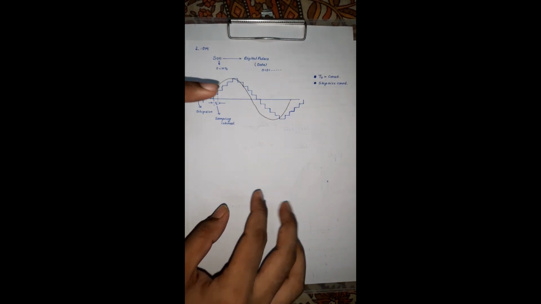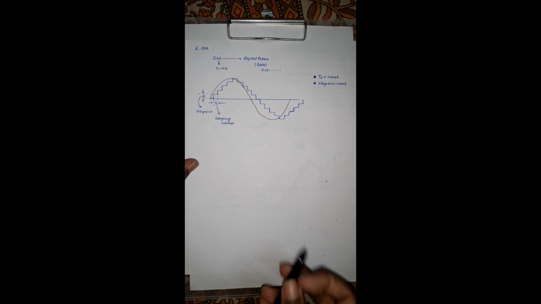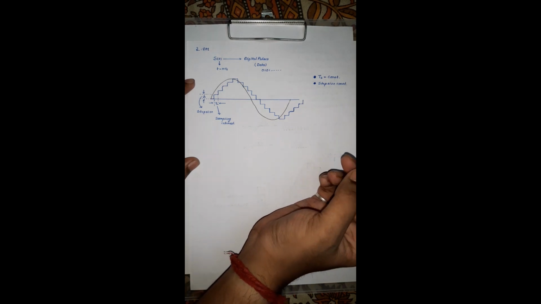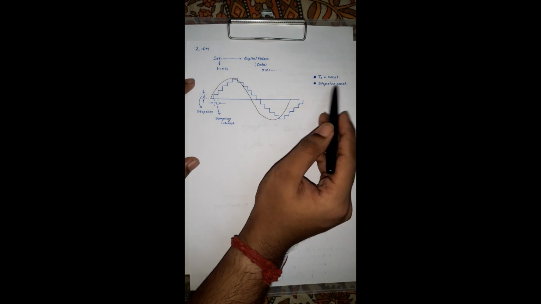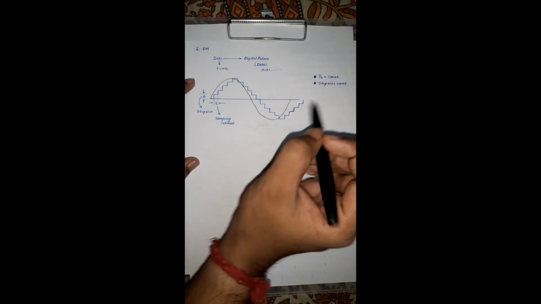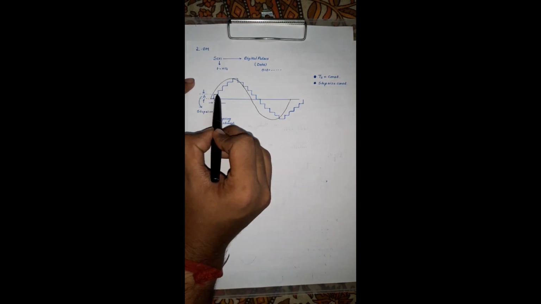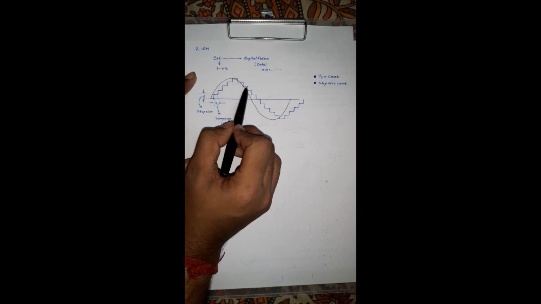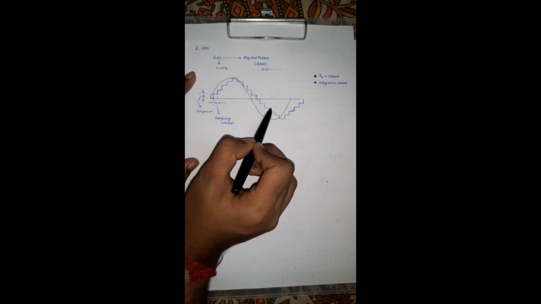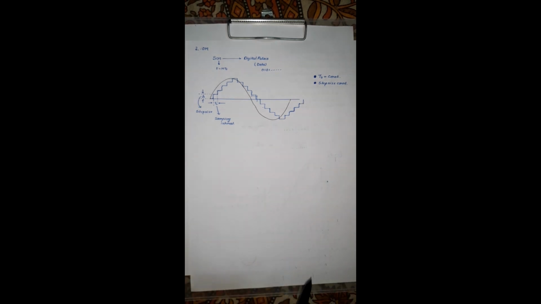For now, consider that a fixed step size as well as a fixed time interval is provided, so during sampling Ts is constant and the step size is also constant. According to the signal variation, the step size increases, and after a certain time decreases, and then again increases, something like this.